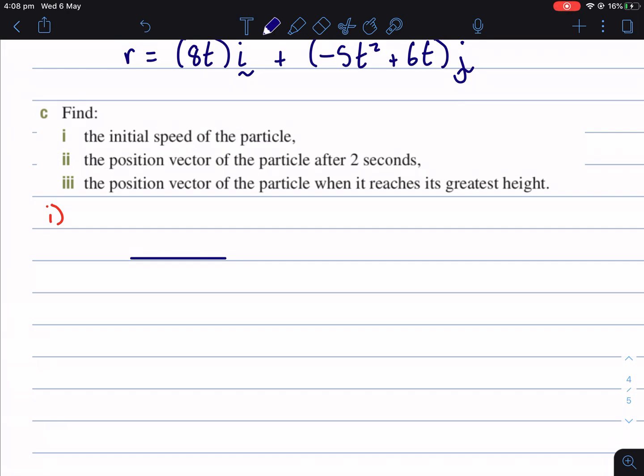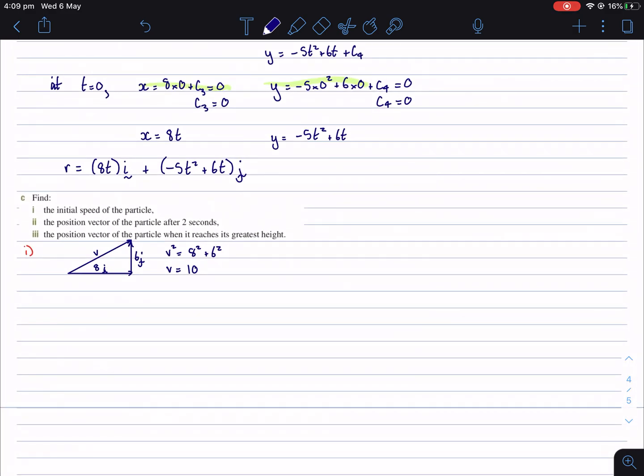So if it was going 8i, 6j, we just want the resultant, which I'm just going to call V. So V squared is 8 squared plus 6 squared. So V equals 10. Let me double check if this is a Pythagorean triad. 8 squared plus 6 squared, yep. So we've got an initial speed of 10 meters per second.